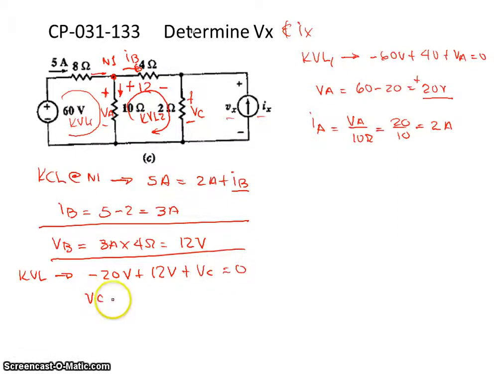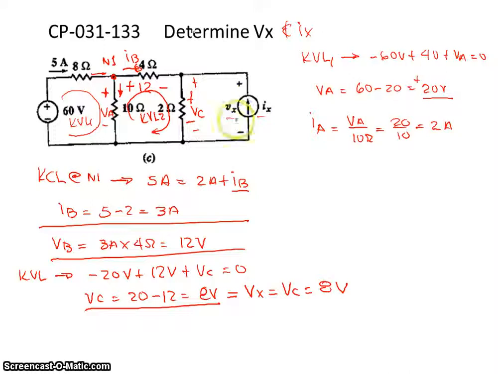So solving for v sub c, sending this to the other side as positive and this one as negative, v sub c is going to be equal to 8 volts. Being v sub c 8 volts, and we know that this is in parallel with this element, then we can conclude that v sub x is equal to v sub c, and that's equal to 8 volts.